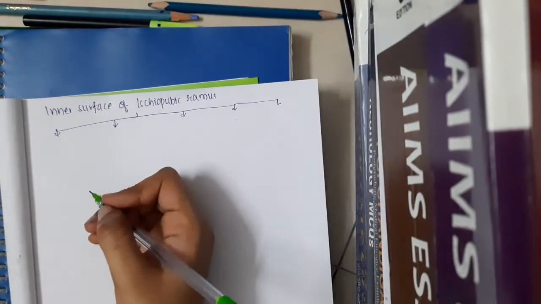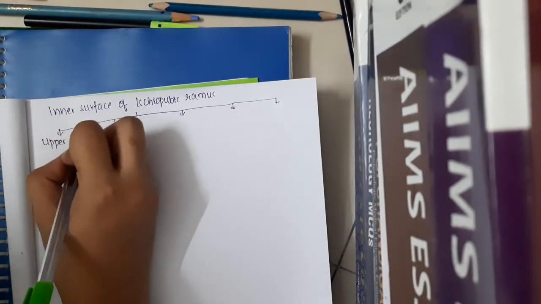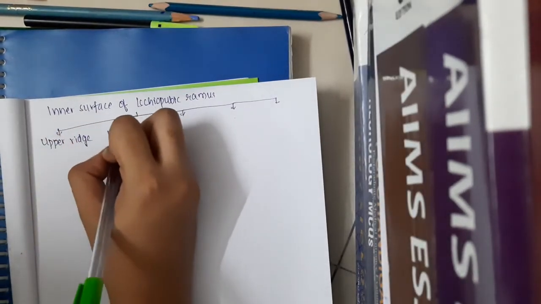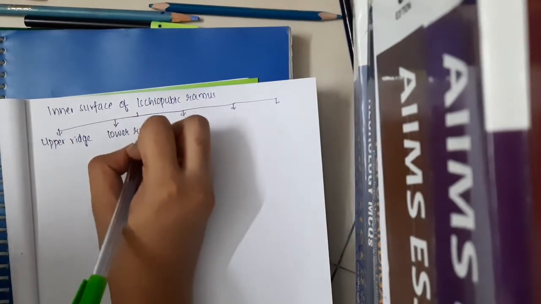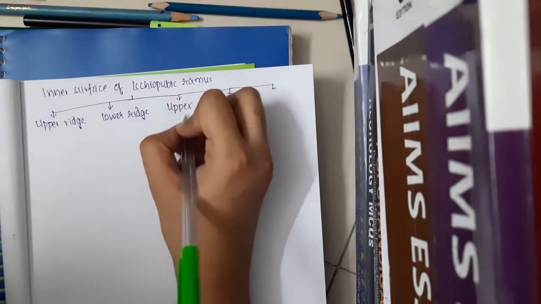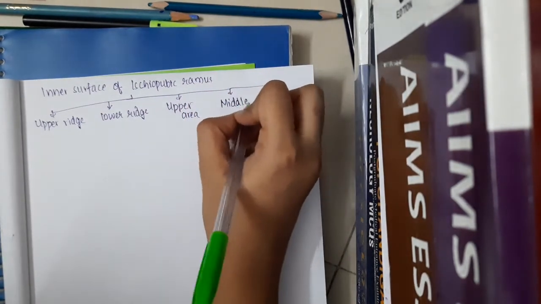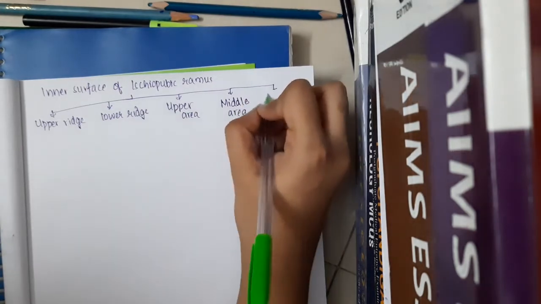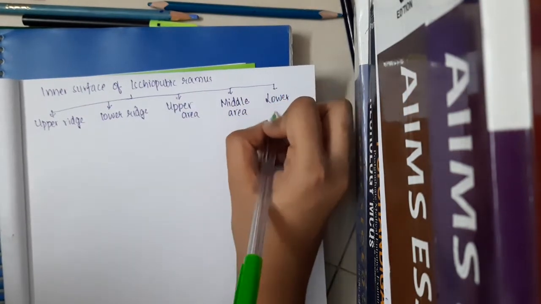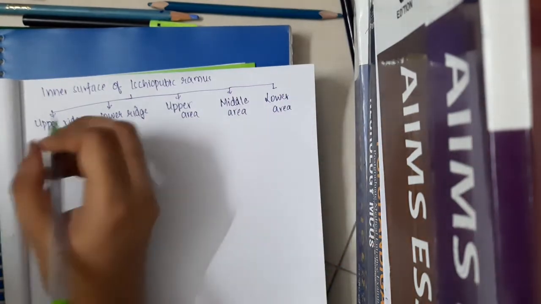The first is the upper ridge, then the lower ridge, then you have the upper area, then the middle area, and then the lower area. Upper ridge, lower ridge, upper area, middle area, and lower area.